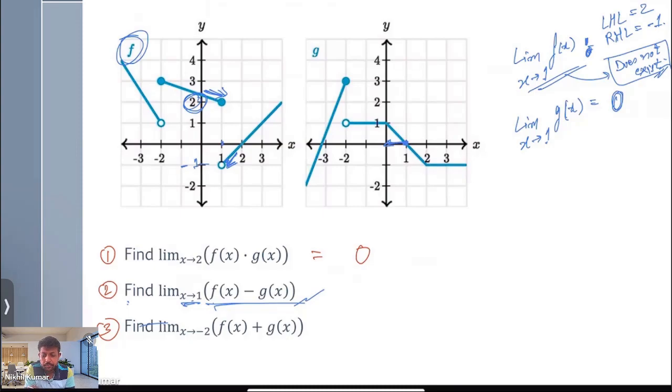Well, you would be tempted to say that, but that's not always true. To figure out whether this limit exists or not, we'll have to approach this from the left hand side once and then from the right hand side.